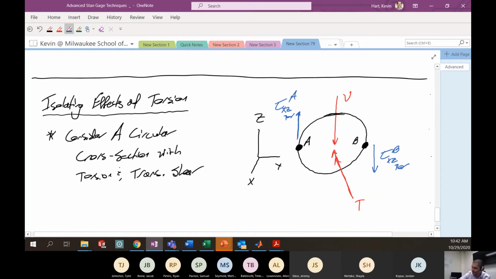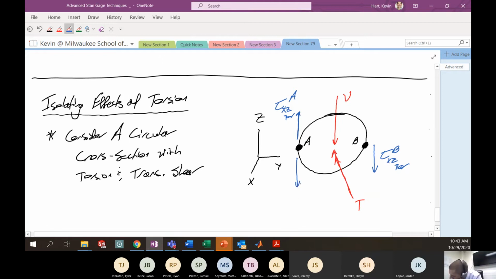All right, so those are the shear stresses that I get from the torsion on opposite sides of the bar. And you remember this going on in the combined loading lab that we originally had. Now, this transverse load is going to give me shear stress as well, but it's going to be in the same direction on both sides of the bar.